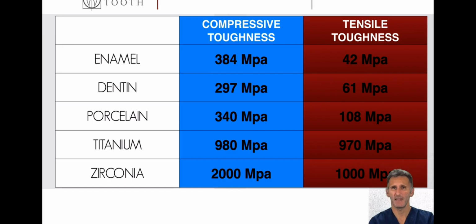Dentin, slightly better, but 297 MPa compressive toughness, just 61 MPa tensile toughness. Porcelain is quite similar: 340 MPa, but just 70% less, 108 tensile toughness.